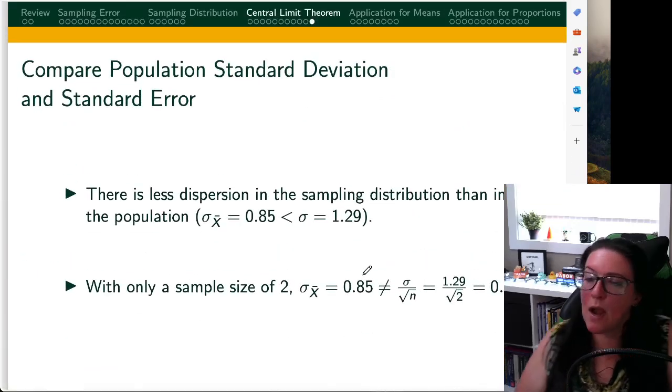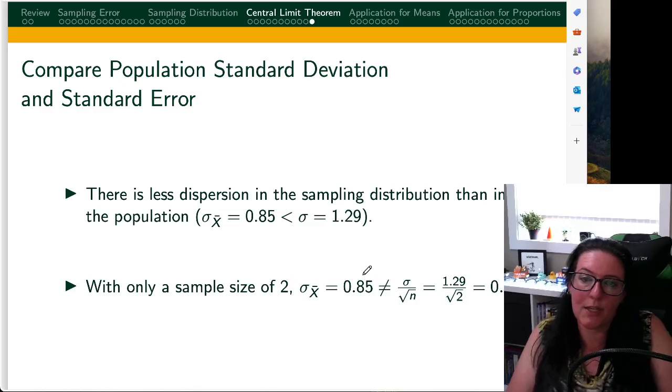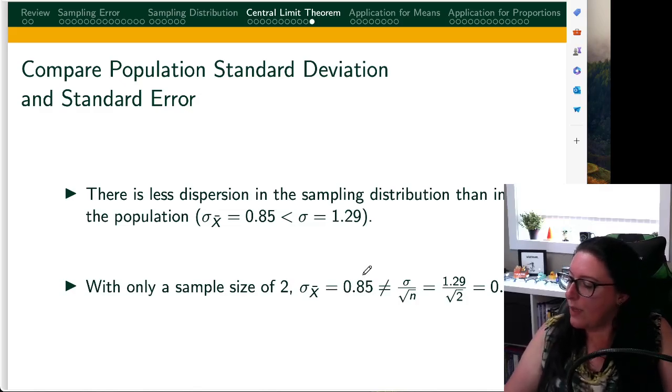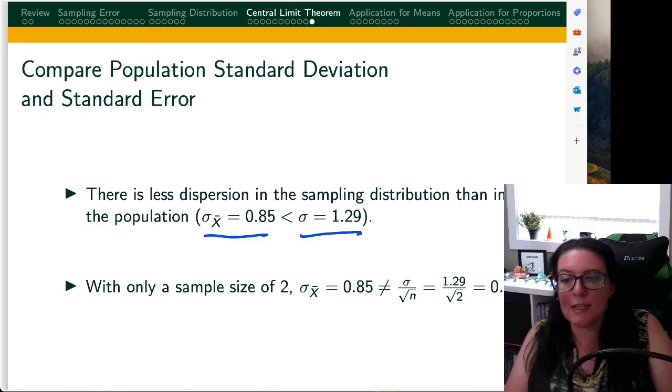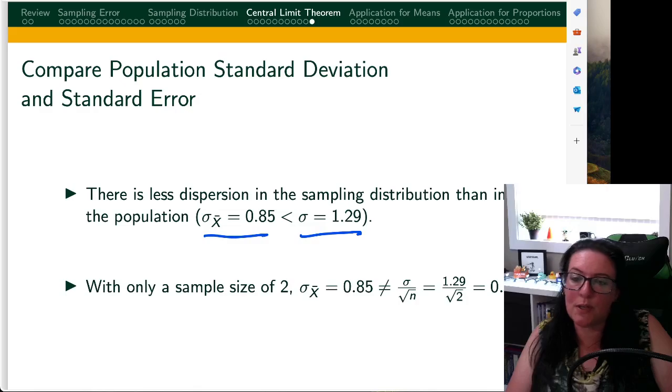So when we compare the population standard deviation and the standard error, the population standard deviation is a bigger number than the one for the sampling distribution. There's less dispersion in the sampling distribution than there is in the population.